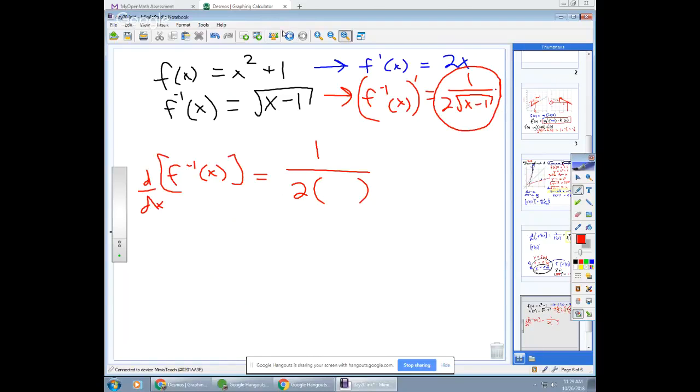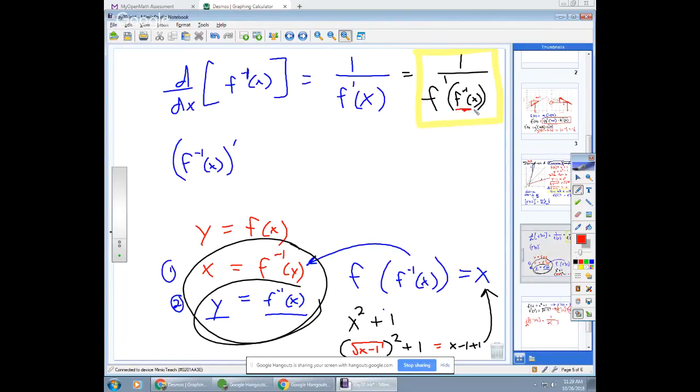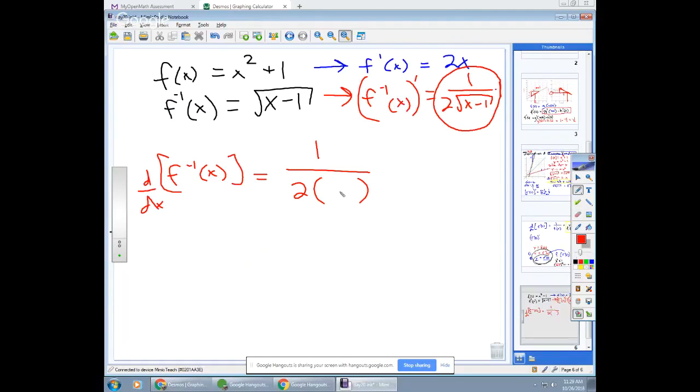But our formula said to plug in the inverse function there. So what's my inverse function? The square root of x minus 1. Which is the derivative that we got from the chain rule.